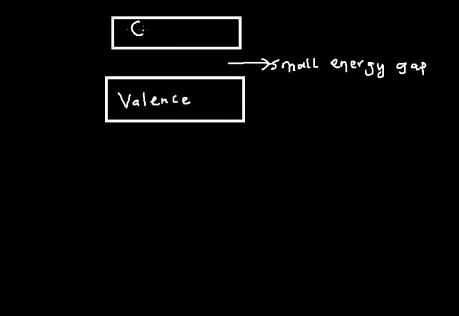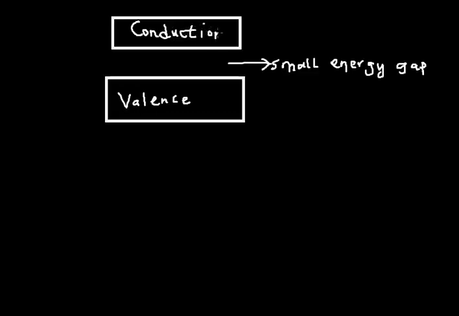A small energy gap exists between the valence band and the conduction band. That being the case, semiconductors are partial conductors.